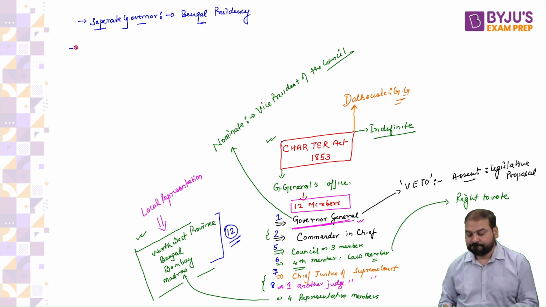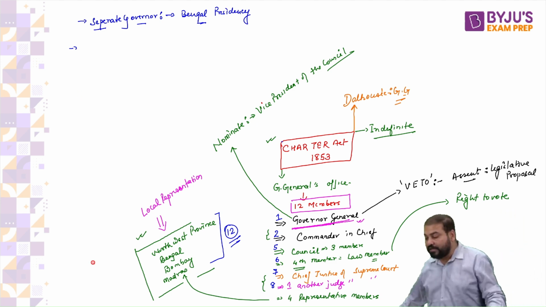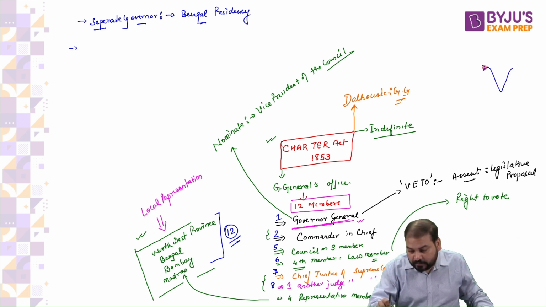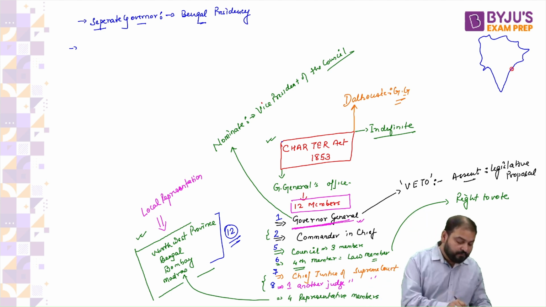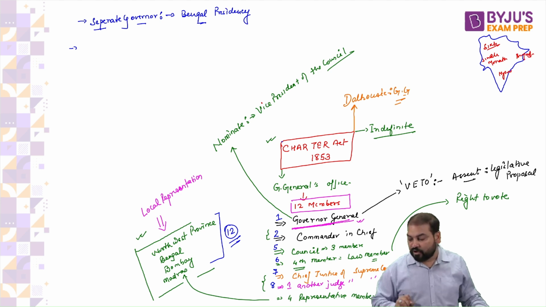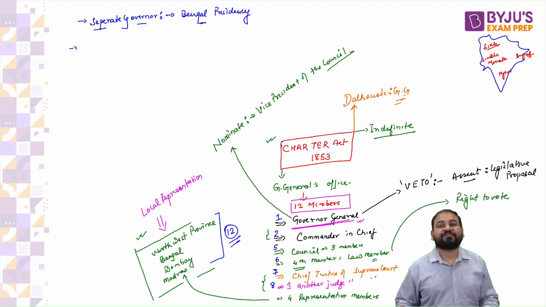Of course, by 1853, all of you, those who have done the 3rd and 4th unit with me, remember, Marathas have lost, Sikh power has lost, Sindh has lost, Mysore has lost, Bengal has lost. All these areas, they have been defeated and annexed by the British.